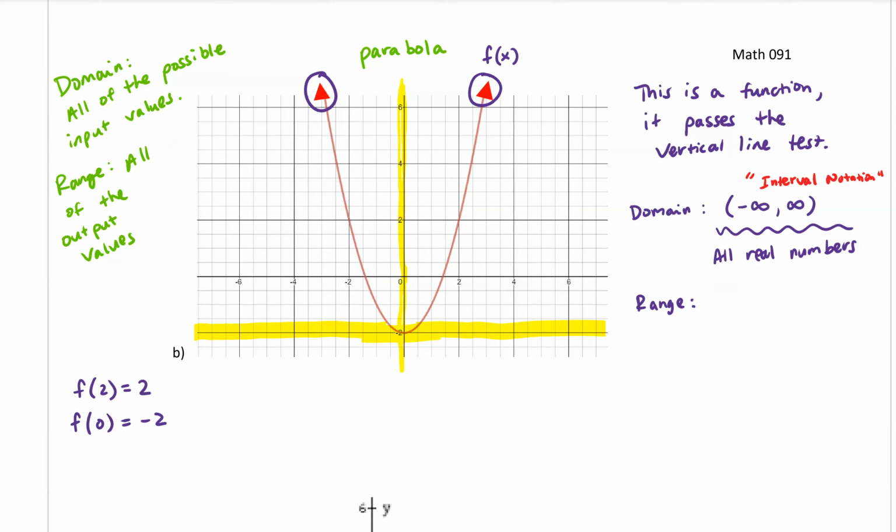So our range is not everything in this specific example. What that means is I'm going to put a bracket to indicate like the lowest y value is -2. But notice that it does go upwards forever, so it goes off until infinity. So basically, our range or our y values or our output values, they start at -2 and go upwards from there. So our range is going to be everything between -2 and infinity.